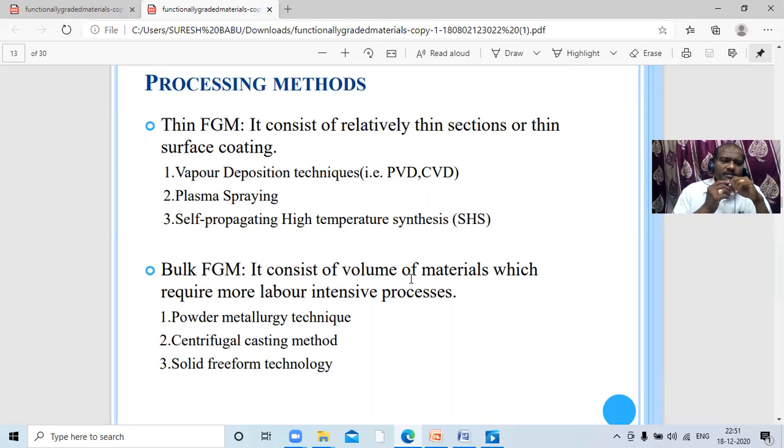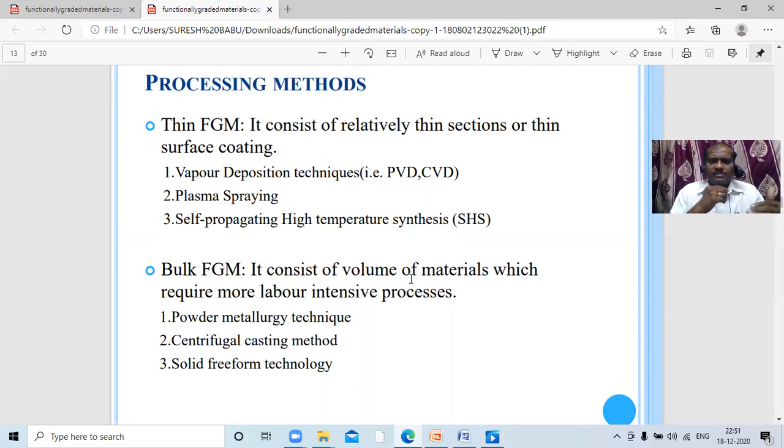So this is the introduction of this FGM. In the coming classes, we will discuss the properties and applications of these FGM materials and their preparation methods.